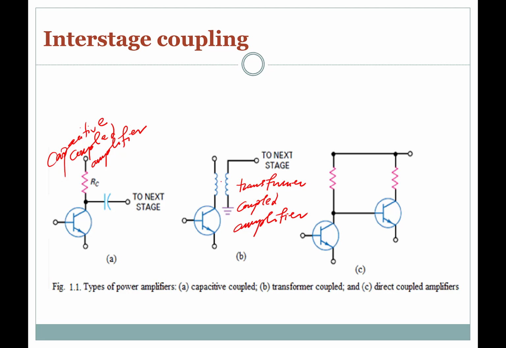Here, the material that is used for the interstage coupling is what? A transformer. That is why we call it a transformer coupled amplifier.